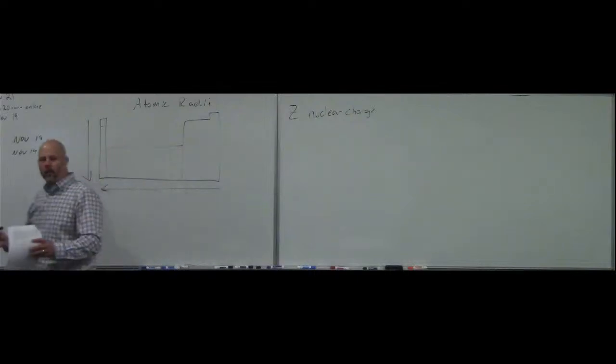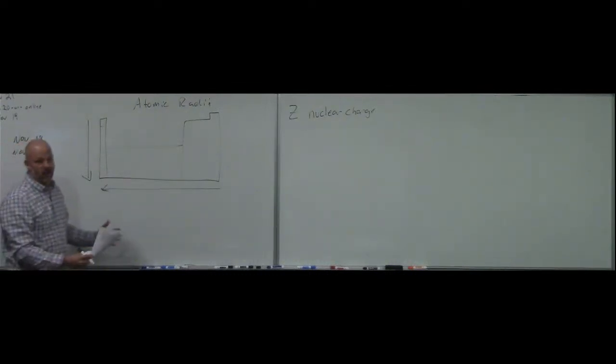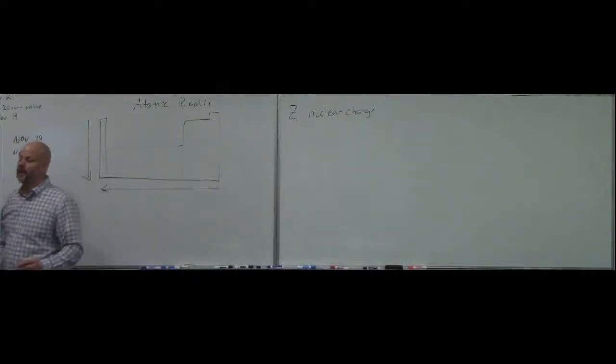But the only electrons that experience the full nuclear charge are the ones found in hydrogen, because there are other factors that influence the effect of the nuclear charge. Hydrogen has just one proton, one electron, but helium has two electrons.